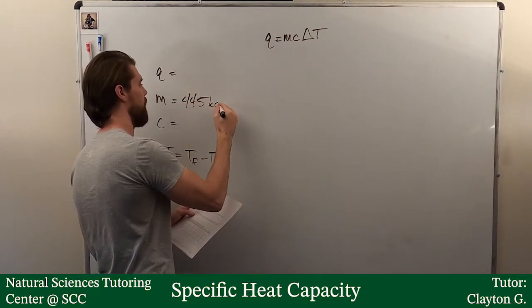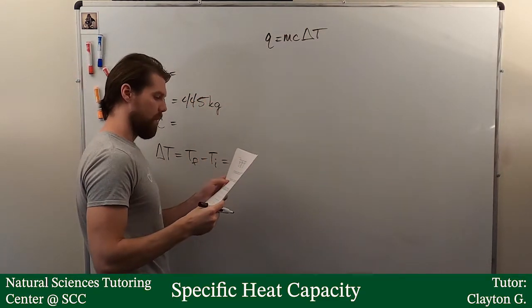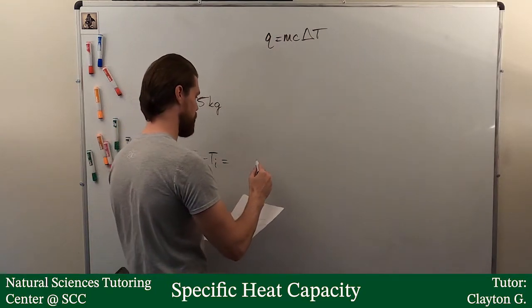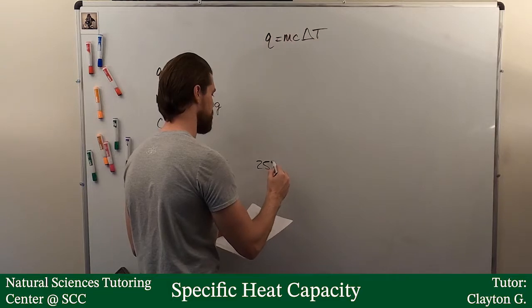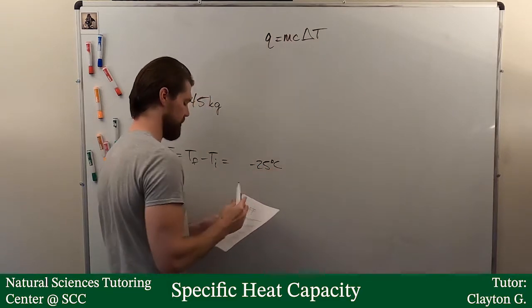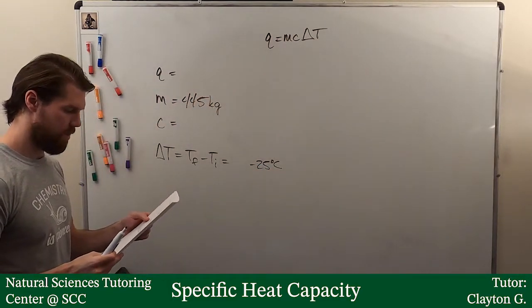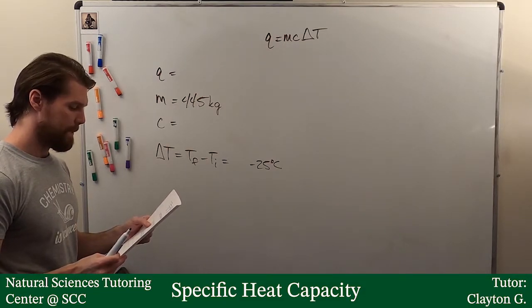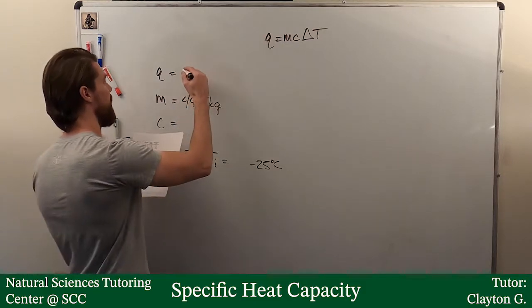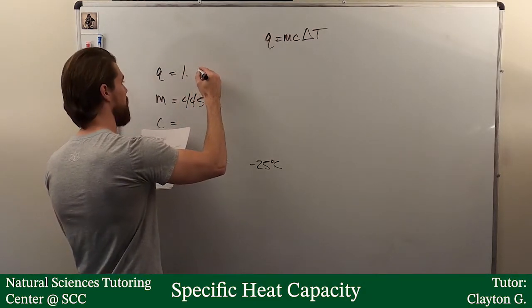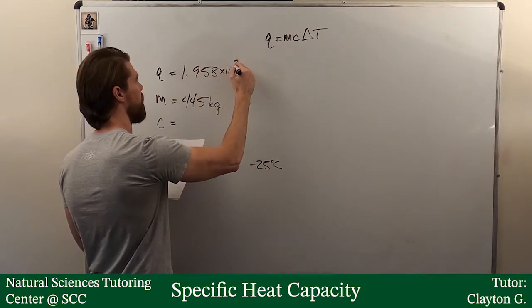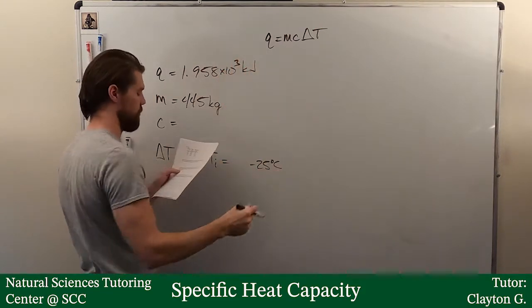445 kilograms. It says it starts at 25 degrees Celsius. So this is something. It says energy is lost. All right. So we have 1.958 times 10 to the 3rd kilojoules.